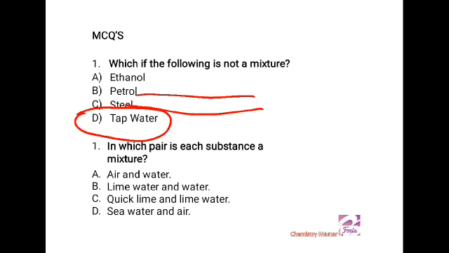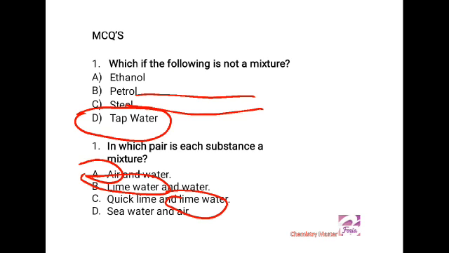Then the next MCQ is in which pair is each substance a mixture? Again, you have to see the composition of air, lime water. But in options A, B and C there are two samples and only one of each pair is a mixture.